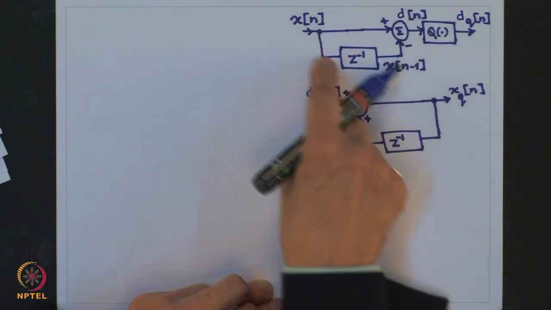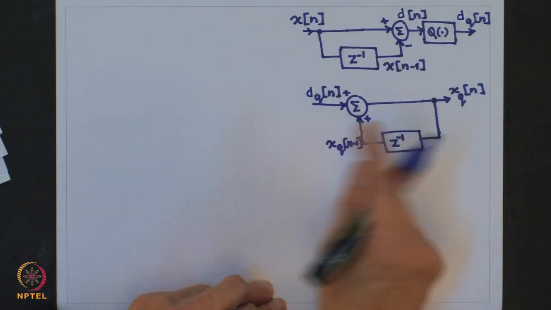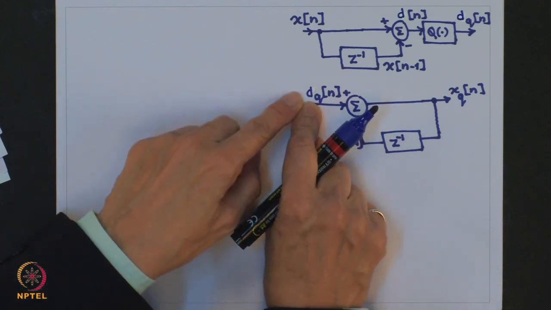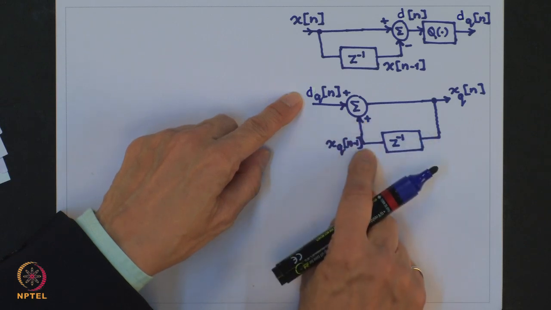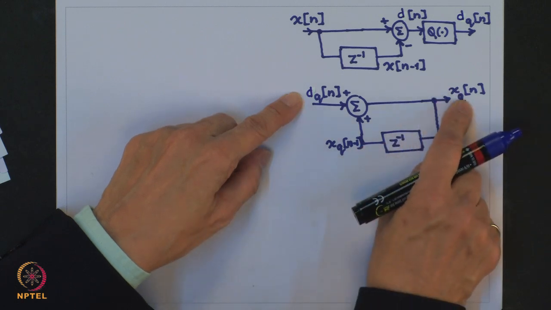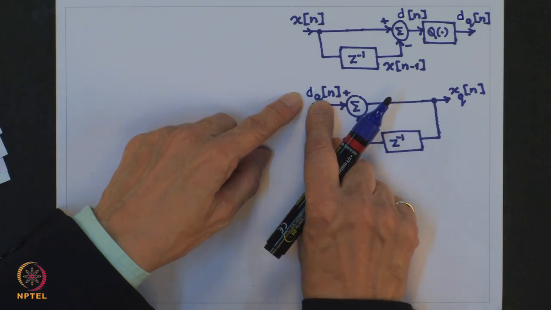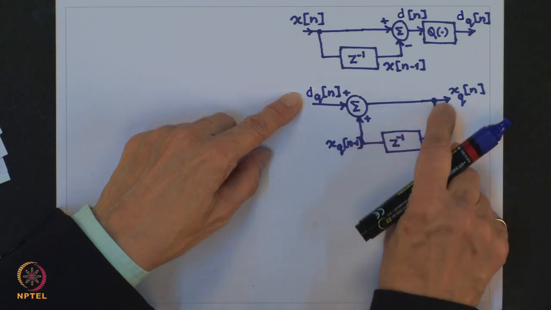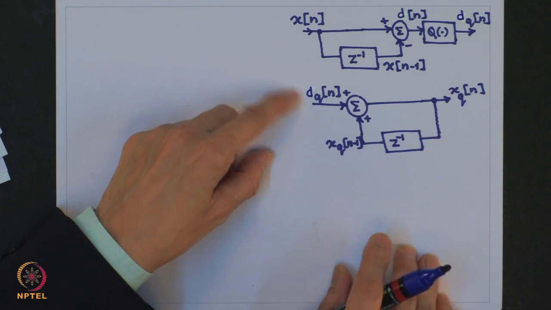This is what happens at the transmitting end. Now, at the receiving end, I take my difference sequence and to that I add the previous reconstructed value. At any particular instant the reconstructed value is the difference sample plus the previous reconstructed value. I delay this, I get this point.